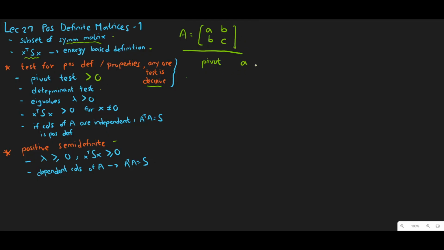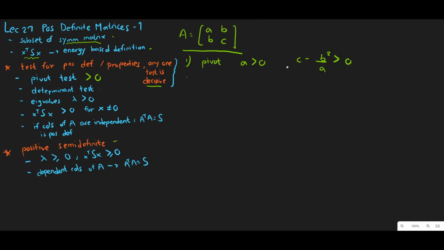So in this case, the pivot A has to be positive, and then also the C part, which is C minus the factor B over A times B again, so C minus B squared over A. This has to be positive.